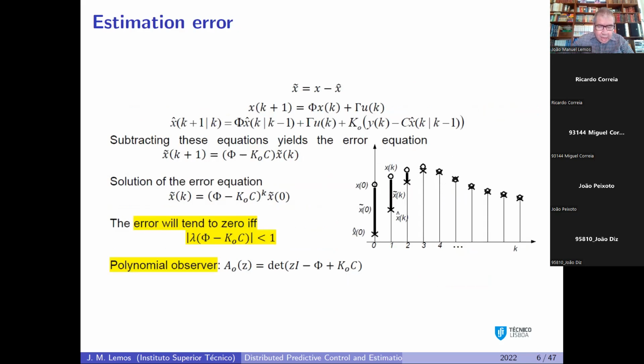And you are amplifying signals that just correspond to noise. If it is too small, then you don't let enough dynamics pass. So there is a trade-off, and this trade-off is controlled by selecting KO. Okay.